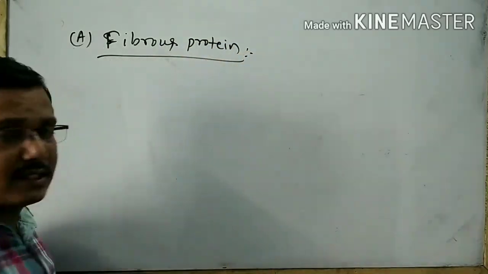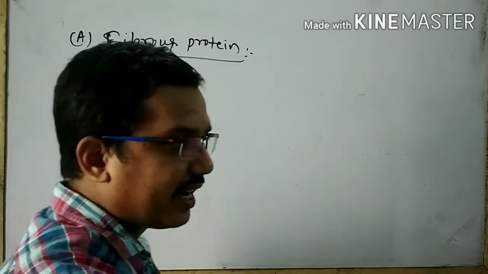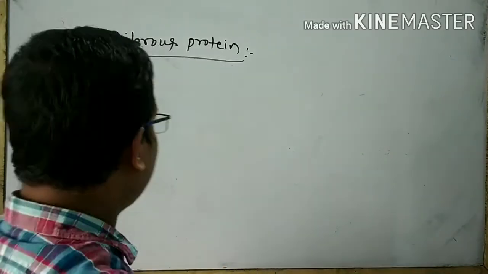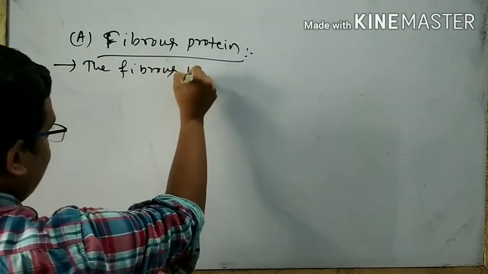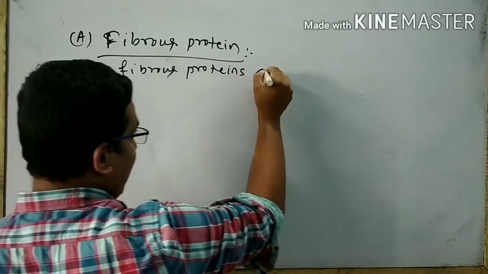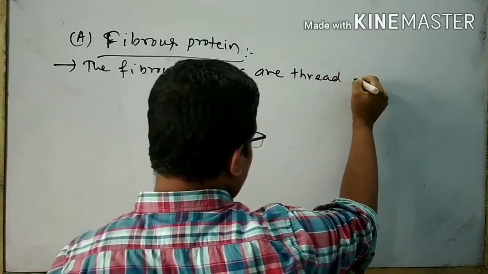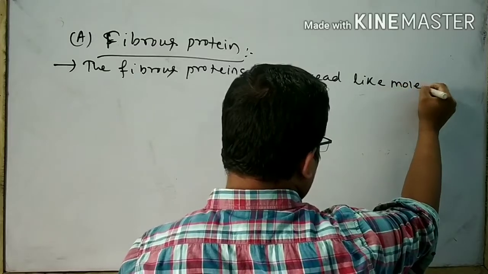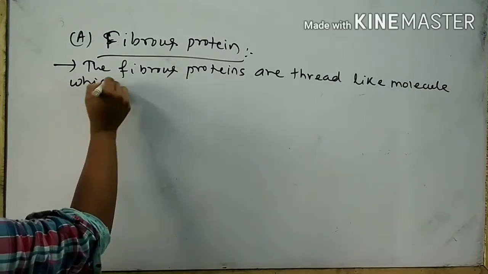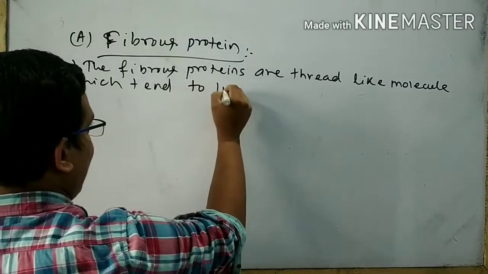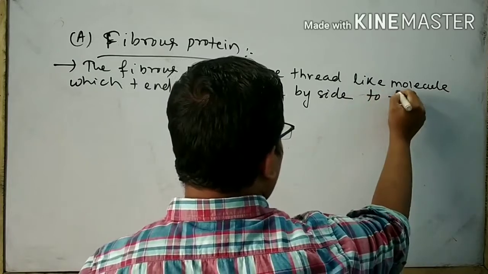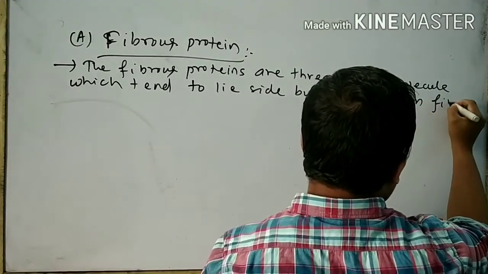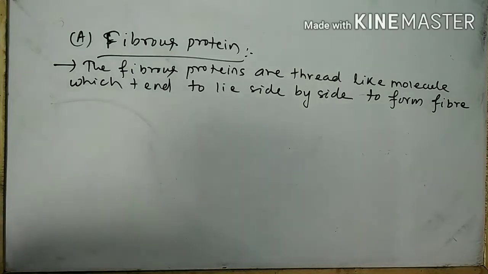The fibrous proteins are thread-like molecules which tend to lie side by side to form fiber. In fibrous protein, the molecules are held together by hydrogen bond.